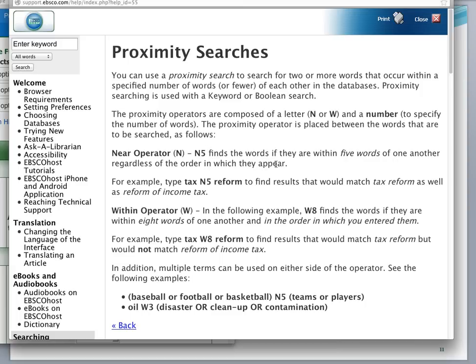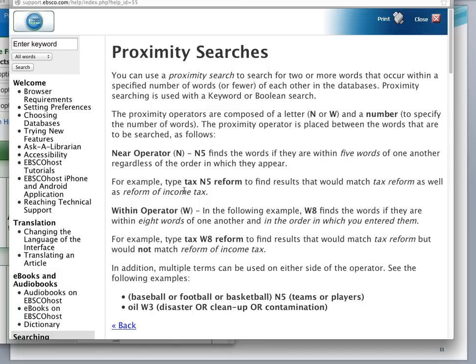In other words, they may appear before or after. For example, if you type tax N5 reform to find results that match tax reform as well as tax reform of income tax. You see, it's not next to it, it has two words in the middle, but still you will be retrieving that document.